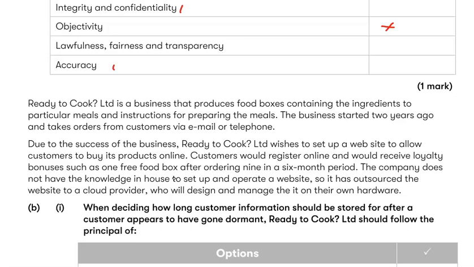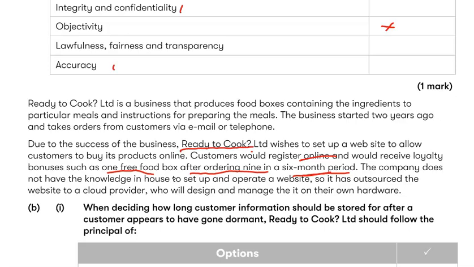Due to the success of the business, Ready to Cook Limited wishes to set up a website to allow customers to buy products online. A customer will register online and receive loyalty bonuses, such as 1 free box after ordering 9 in a 6 month period.